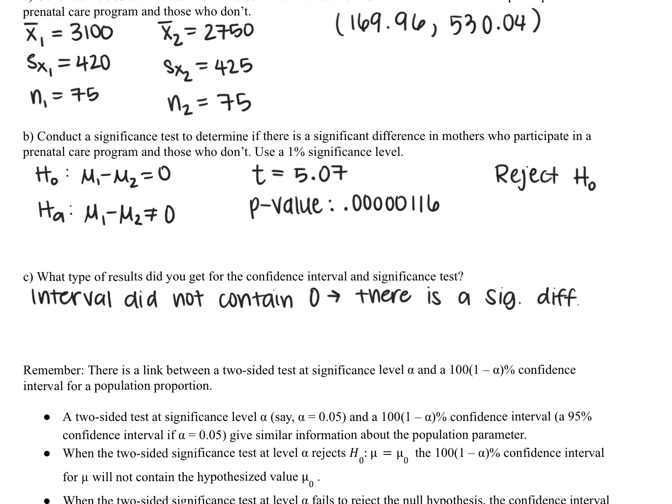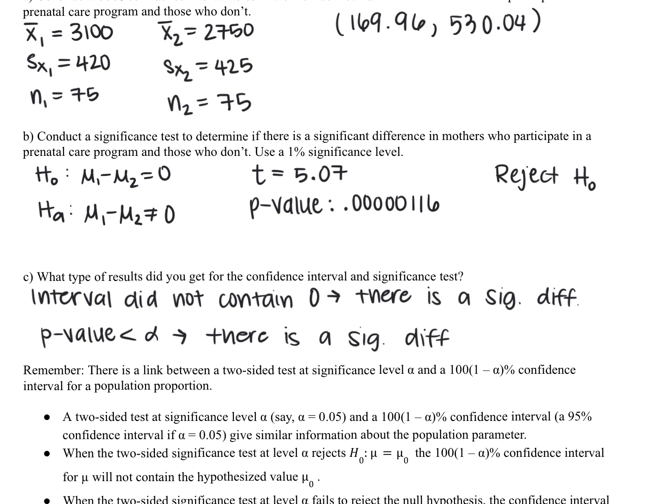So because 0 is not contained in our interval, there is a significant difference. And then for our significance test, our p-value was less than alpha, which means there is also a significant difference. So what that tells me is if you do a confidence interval and a significance test, they should give you the same results.